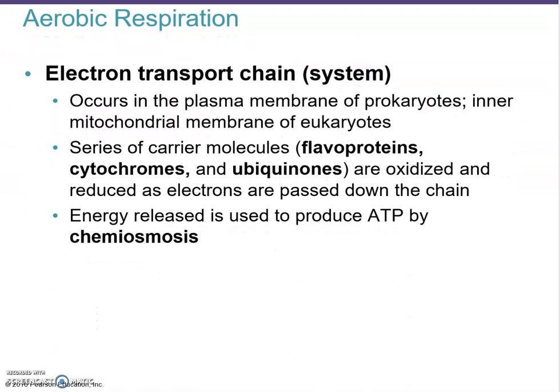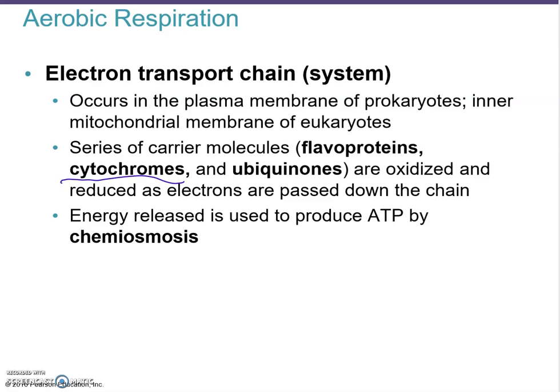So the electron transport system occurs in the plasma membranes of prokaryotes and the inner mitochondrial membrane of eukaryotes. And we have a system of electron transport molecules. The most important ones would be all the cytochromes. Then we have flavoproteins as well, and some others.